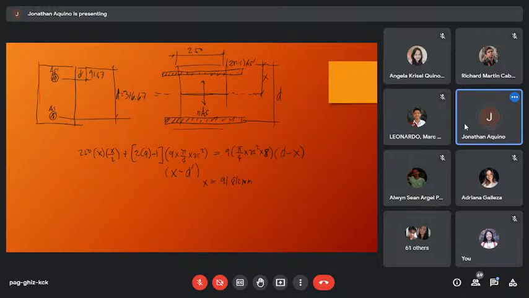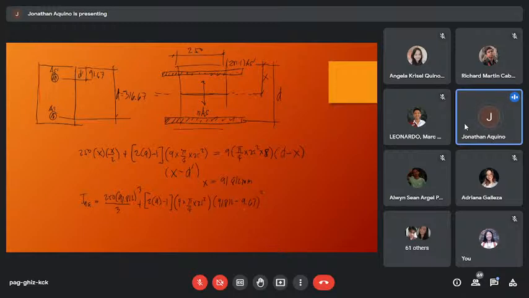So INA is equal to bh cubed over 3, so 250 times 91.812 cubed over 3, plus 2n minus 1, so 2 times 9 minus 1, times the area of the 25 millimeter diameter bars, times d squared, where d is x minus d prime. So x is 91.812 minus d prime of 91.67.